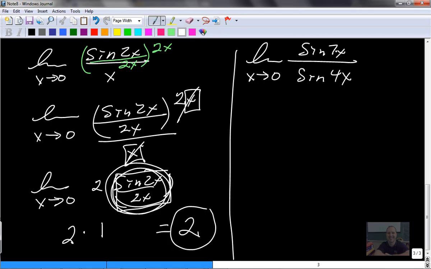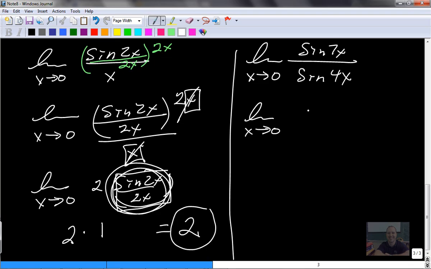Over here, we would have sine of 7 times 0, which is 0, so sine of 0 is 0 divided by 0. So you have a problem. How can we find the limit without graphing it, without testing values in a chart like we did before? You can use the fact that the limit as x approaches 0 of sine theta over theta equals 1.